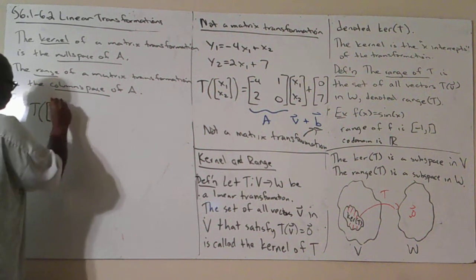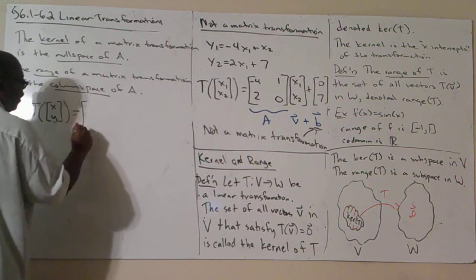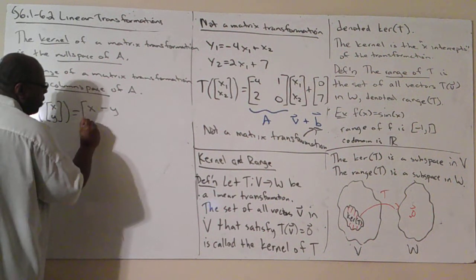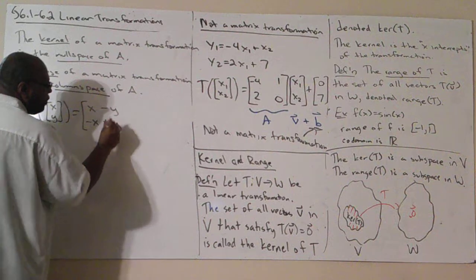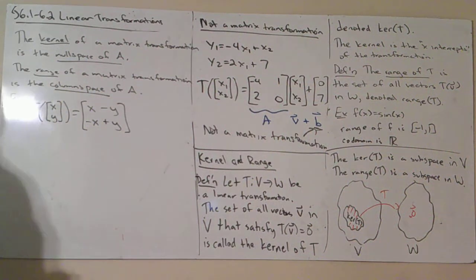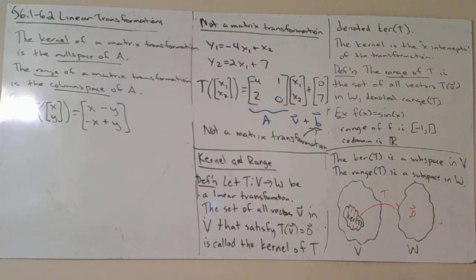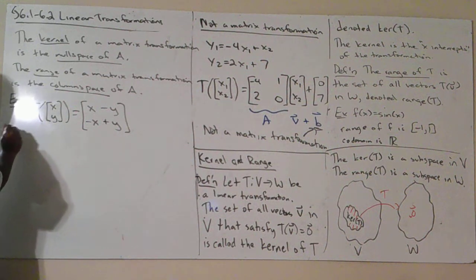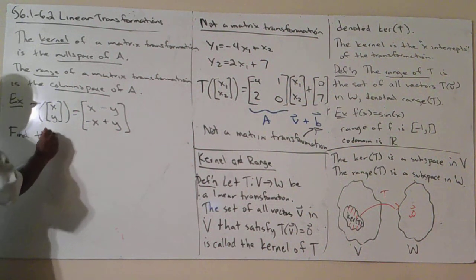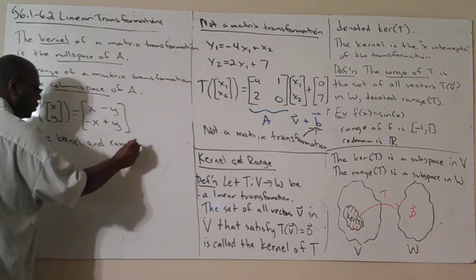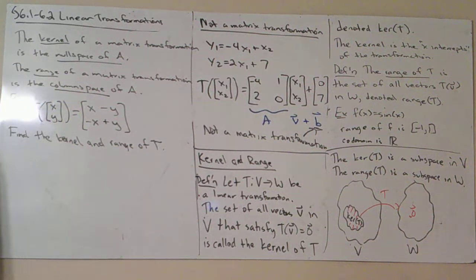T of X, Y equals X minus Y, and then X plus Y, minus X plus Y. So I have X minus Y, I have minus X plus Y. So I kept it pretty simple. Find the kernel and range.